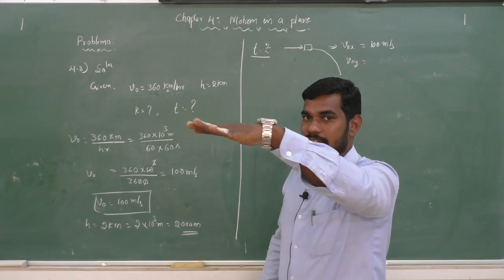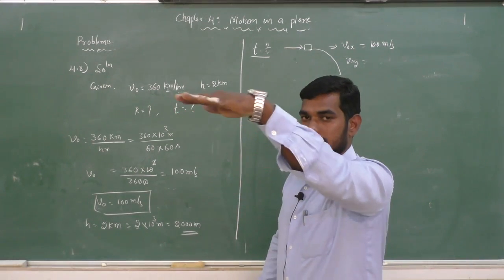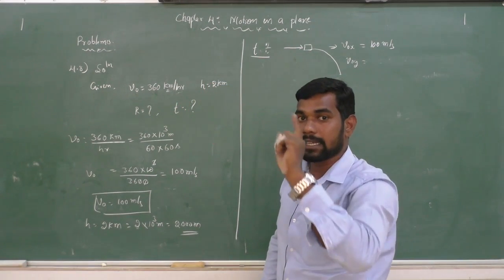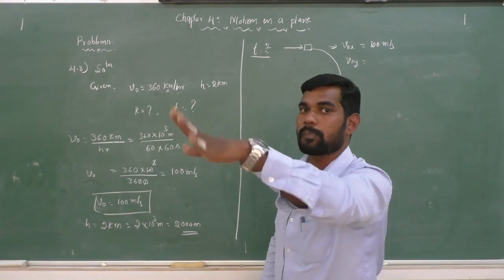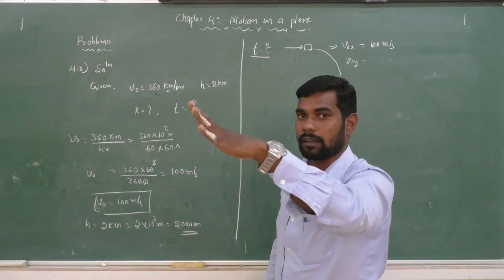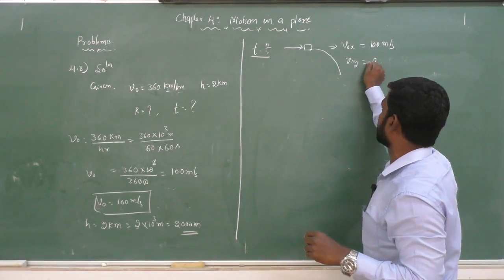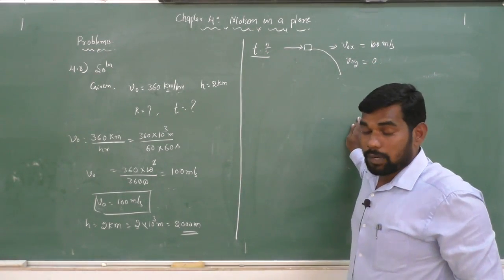That's why the initial vertical velocity of the food bag at the point of dropping will be 0. Very important.